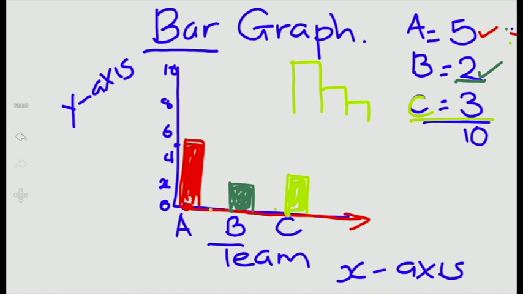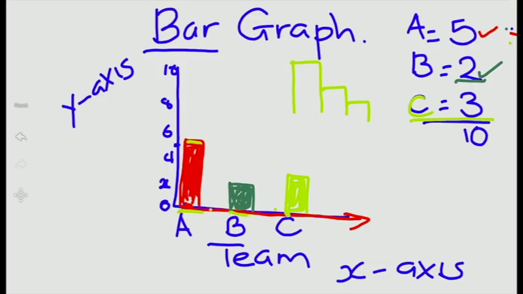Make sure that your bars end up at the number of pupils, in this case, the number of pupils who favor or who are in line with that particular team. And below, on your x-axis, you need to make sure that the size of those bars are the same, and the spacing in between is equal.